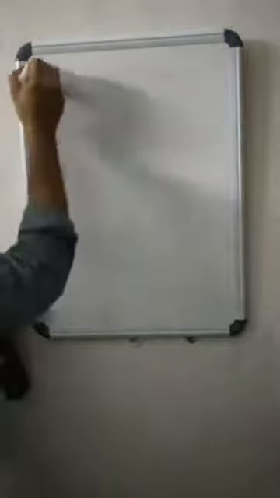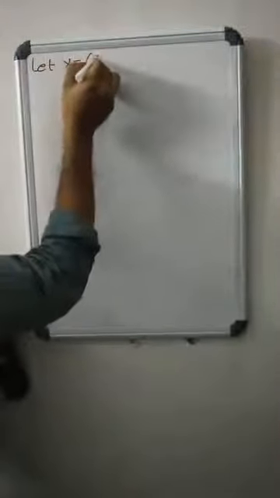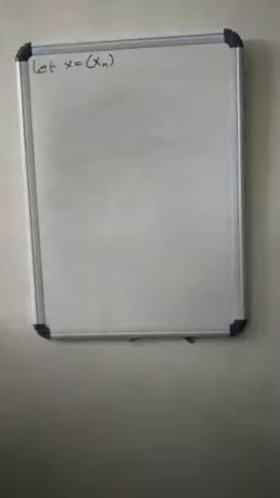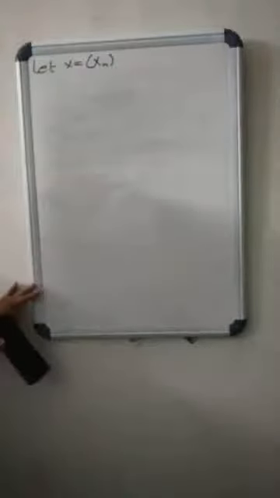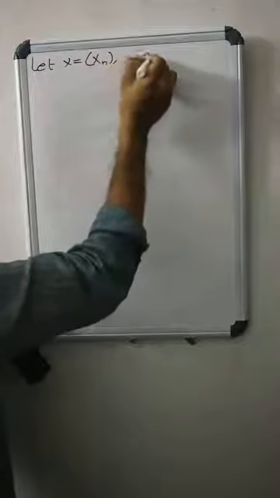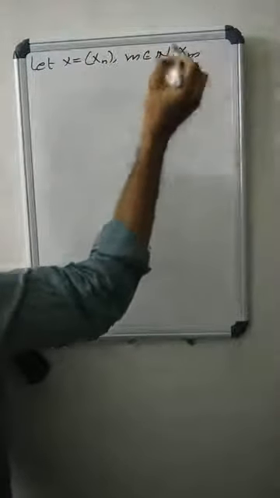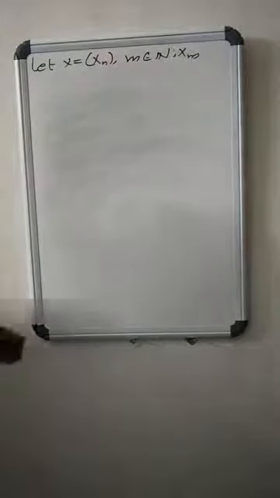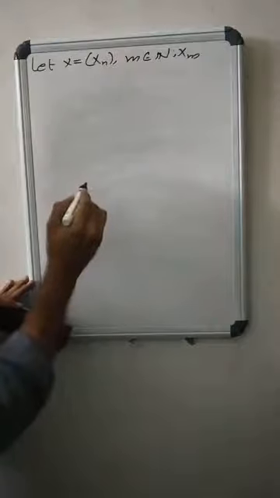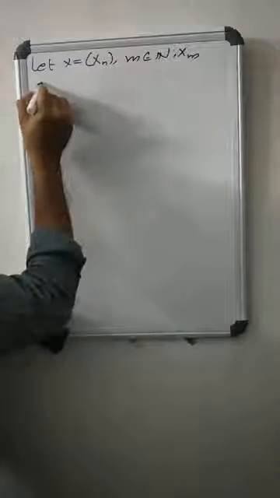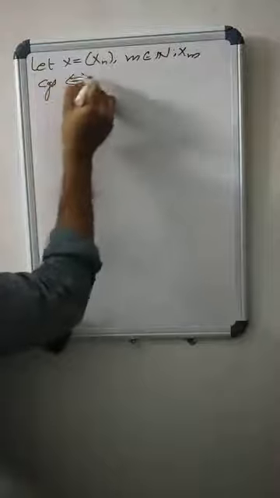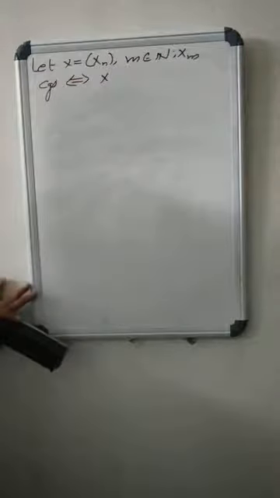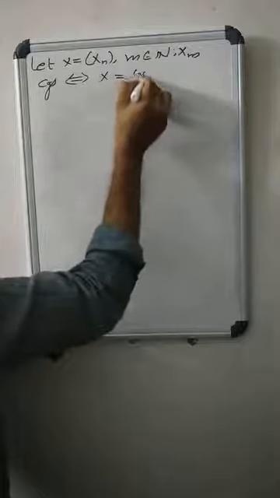Now there is a result. The theorem states: let x equals xn be a sequence of real numbers, and for any natural number m, the m-tail xm of x converges if and only if the sequence x equals xn converges.